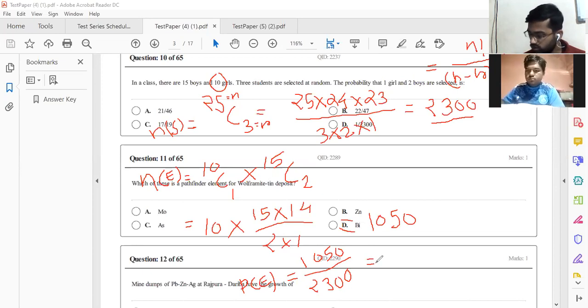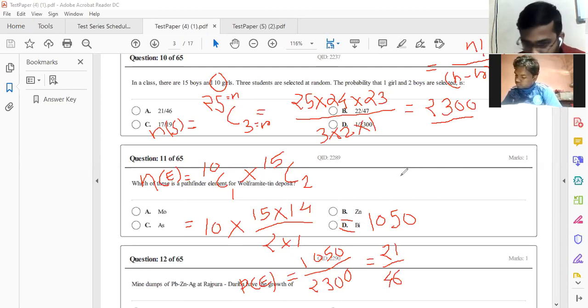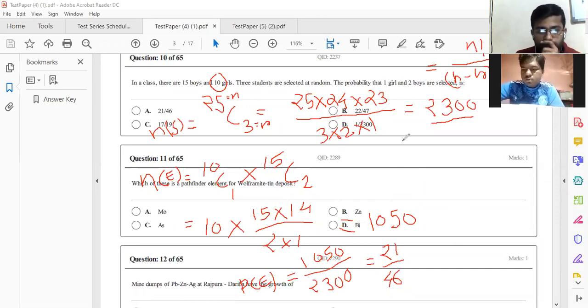Solve this and we'll get 21 by 46. So option A. Clear? Clear? आगे बढ़े.